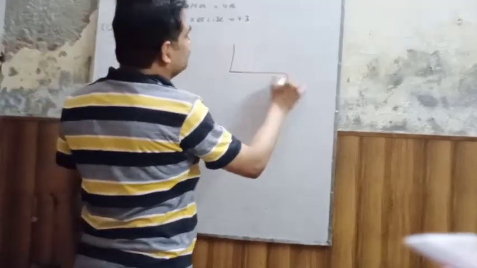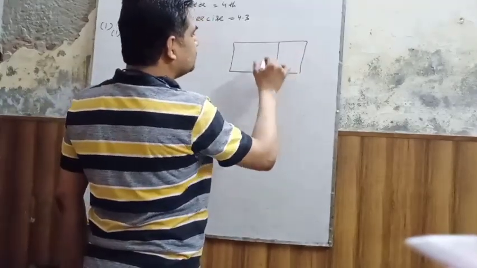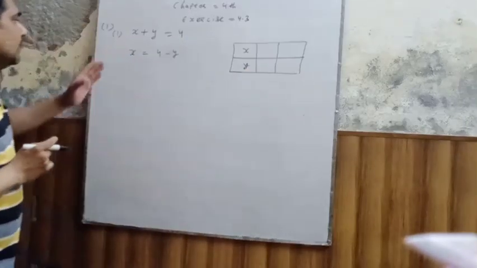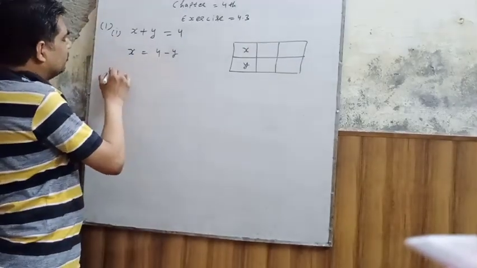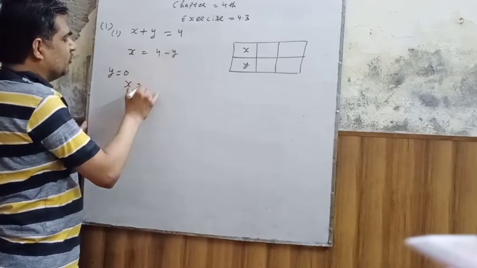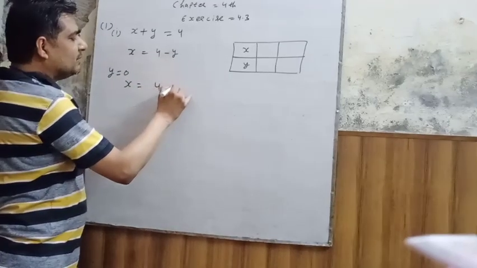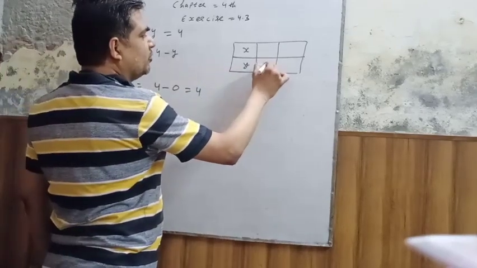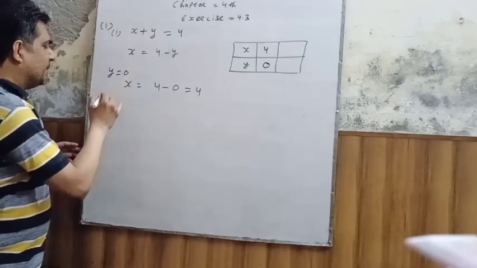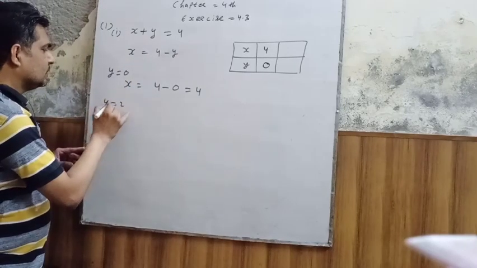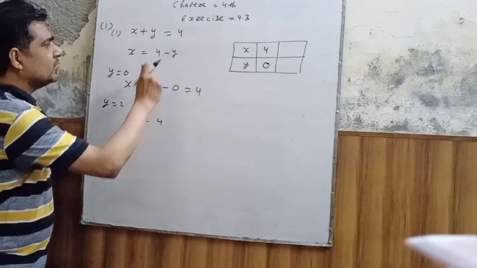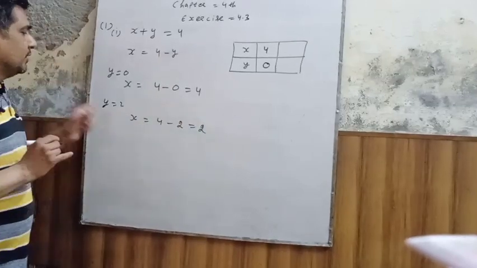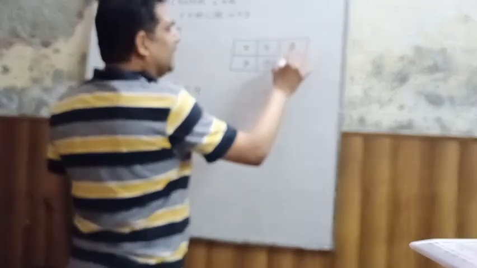Now we put in values; only two solutions are enough. If y equal to 0, then x equal to 4 minus 0, 4. Y equal to 0, x equal to 4. If y equal to 2, x equal to 4 minus, instead of y we write 2. 4 minus 2, 2. x is 2, y is 2.